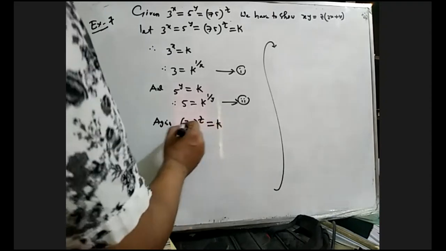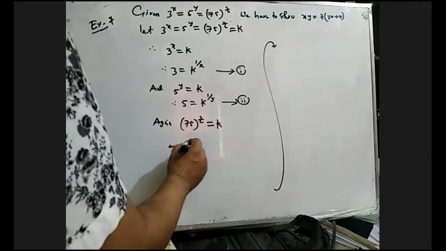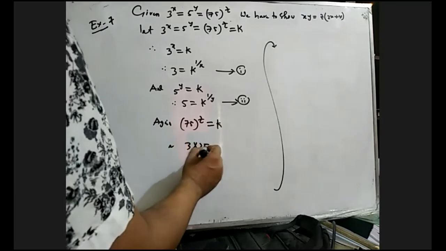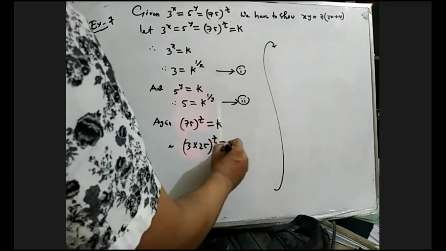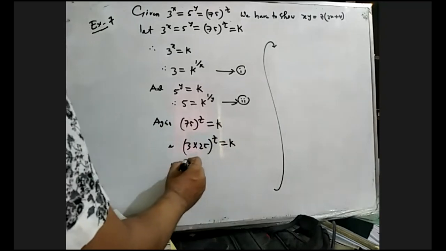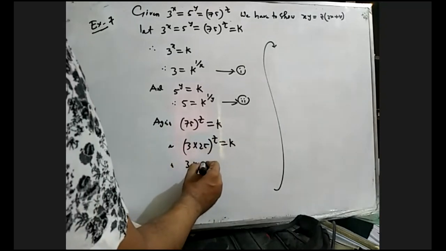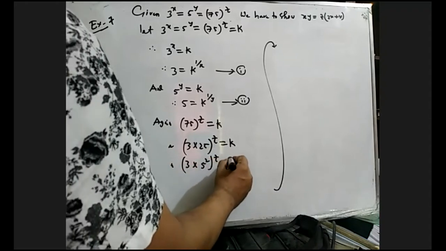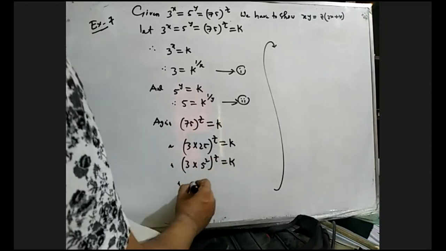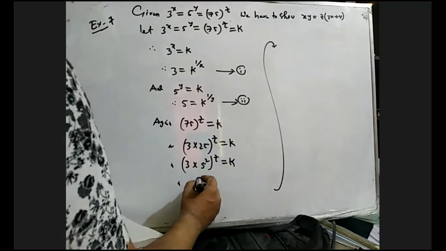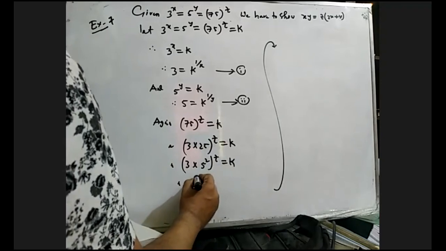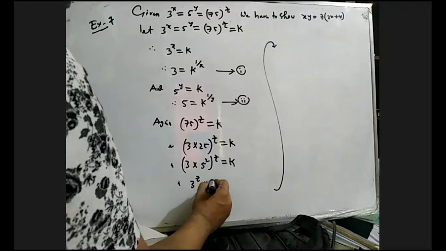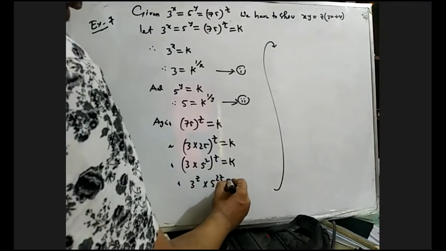But 75 can be written as 3 multiply 25 to the power z equals k, or 3 multiply this 25 means 5 square, this equals k, or 3 to the power z multiply 5 to the power twice z equals k.